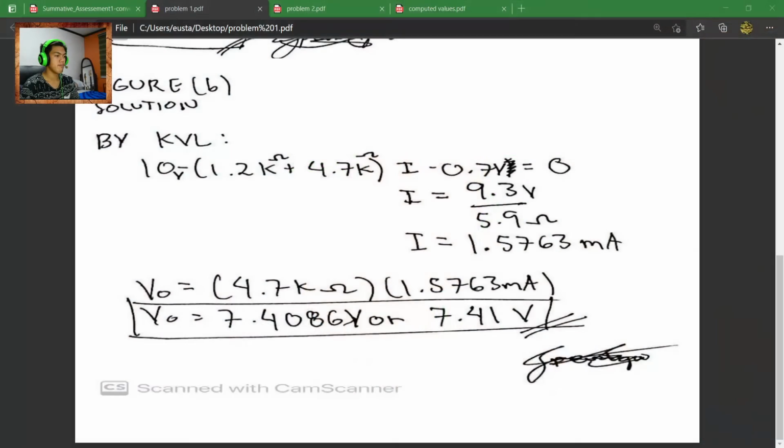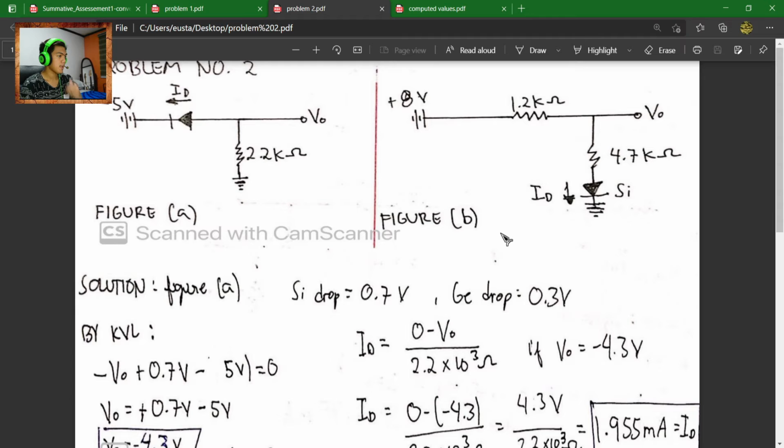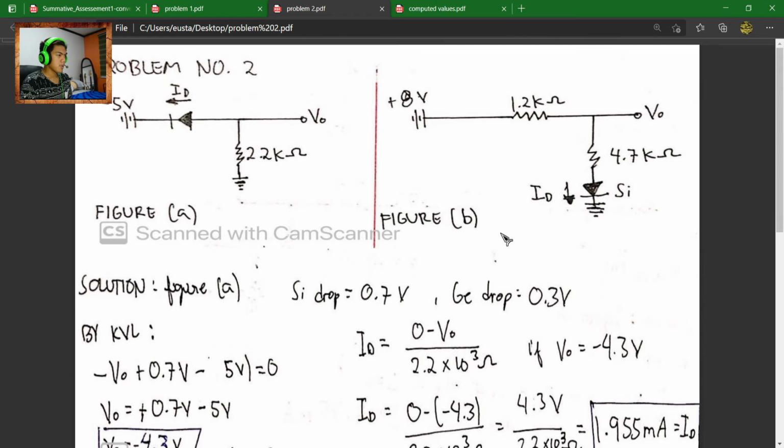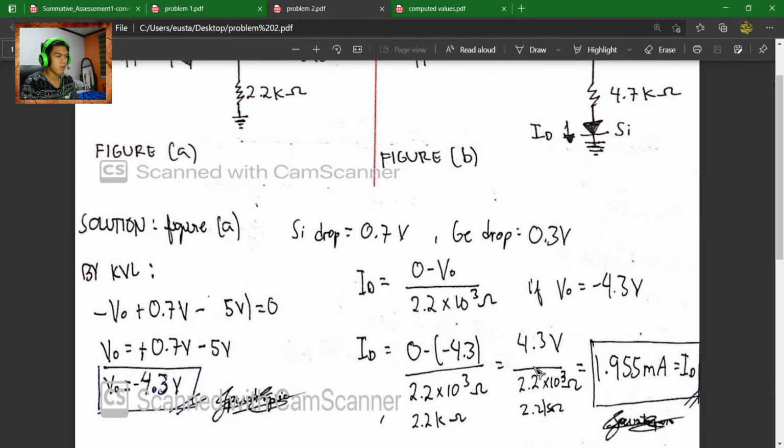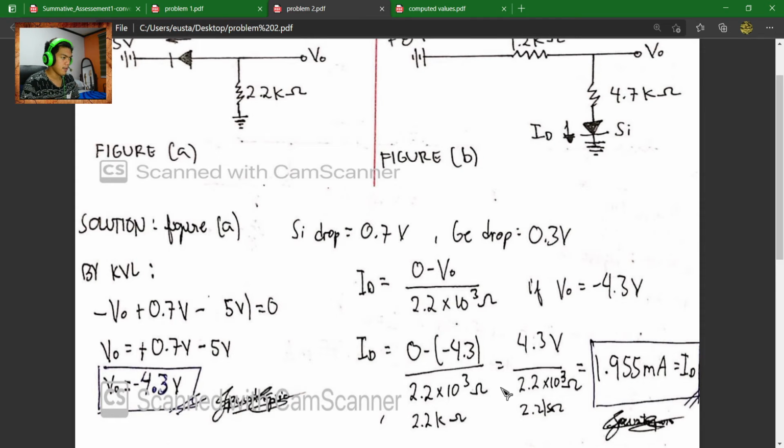So going to problem number 2. Here we are asked to solve for the VO and the current of the diode. In figure A, by using KVL, or Kirchhoff's voltage law, to find the VO, this is the solution.